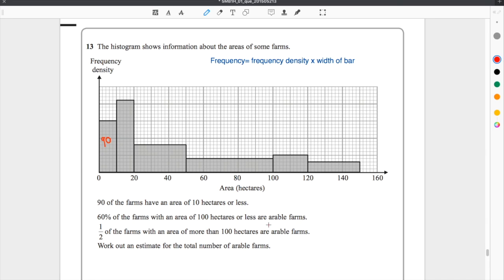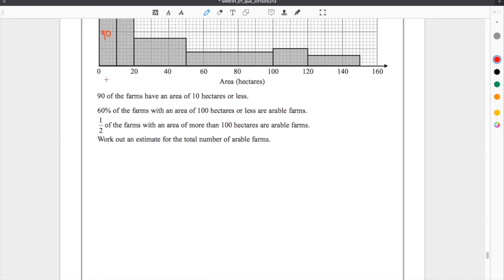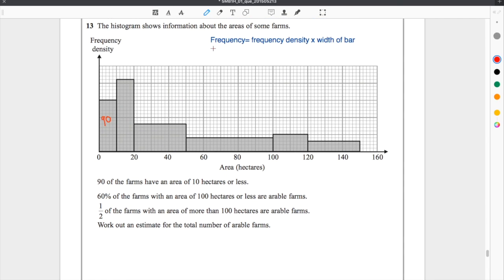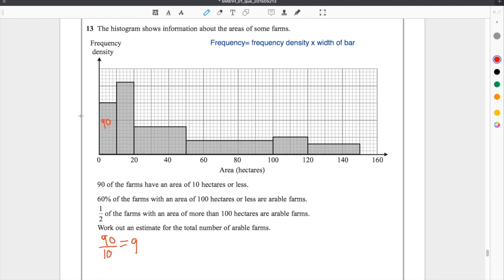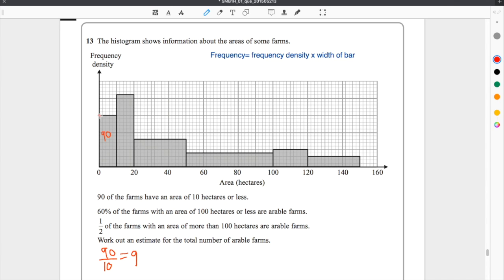We can use this now to calculate the frequency density. Using this formula here, we just divide by the width of the bar. 90 is the frequency, divided by the width of the bar, which is 0 to 10, which is 10. That's 9. So in other words, the height of this bar goes up to 9. So on the y-axis, that's going to be 9.